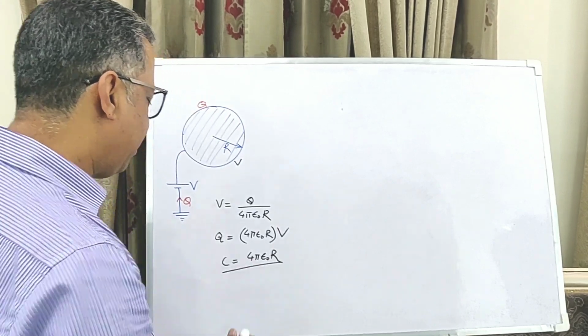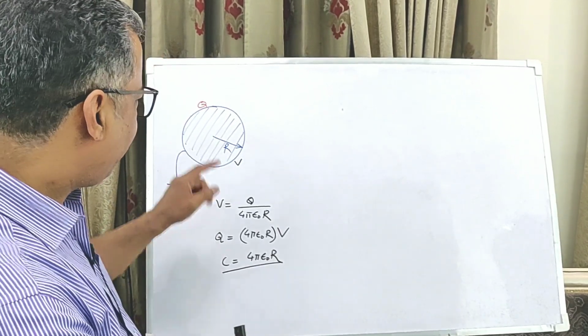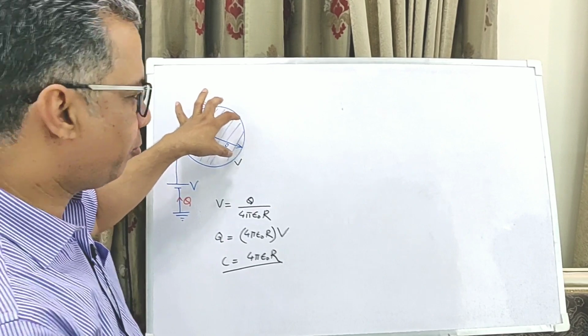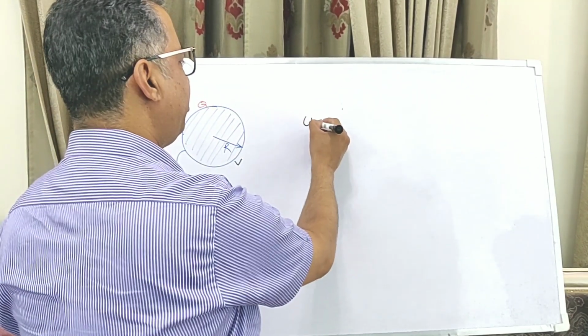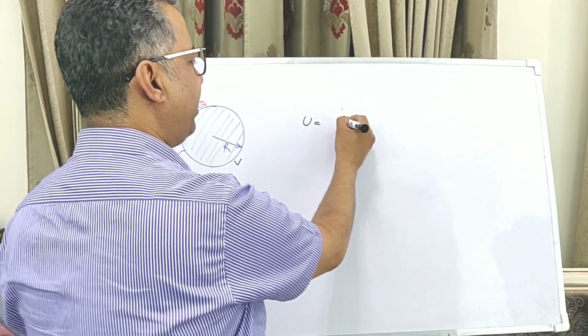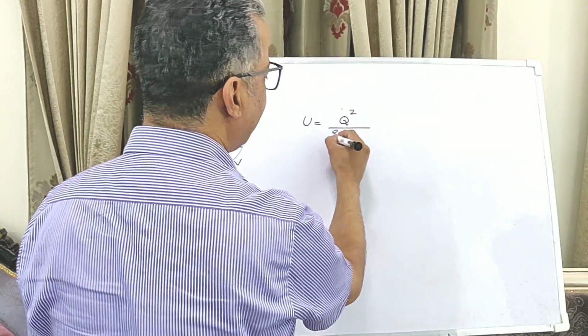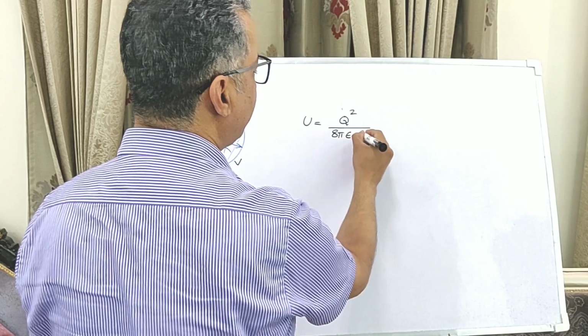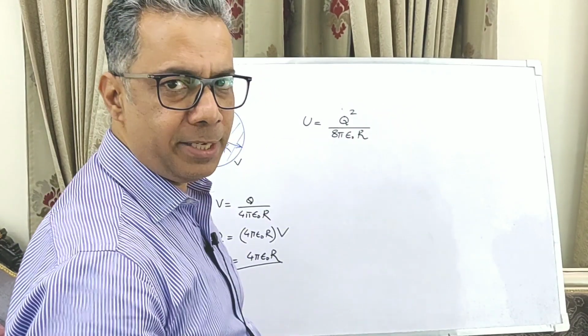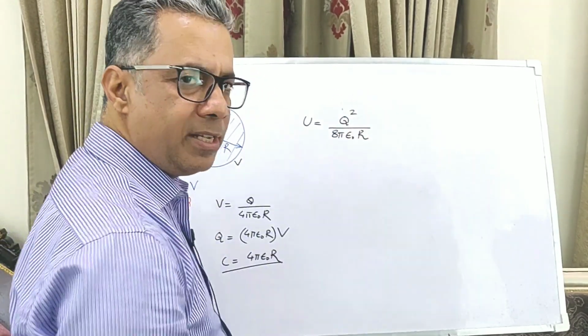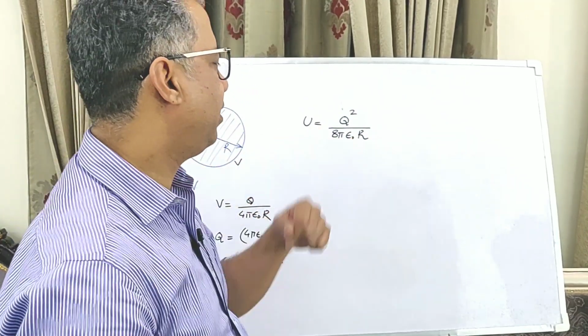Now we've got the capacitance C. What's the potential energy stored here? The potential energy stored here is the self energy of this shell, which will be Q square by 8 pi epsilon naught R. Right? You remember the formula for self energy of a shell. This is what we get.